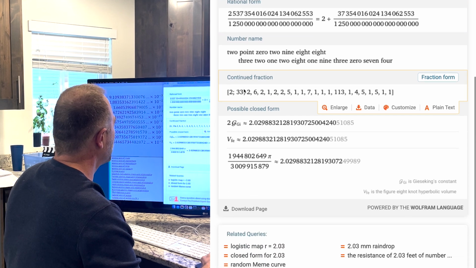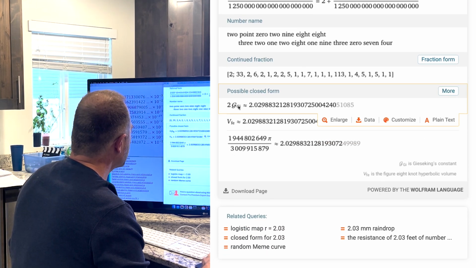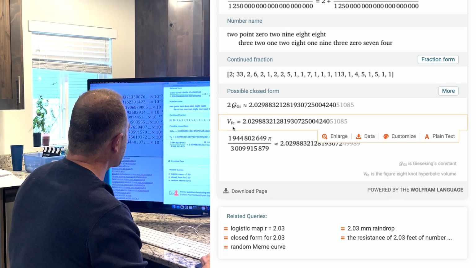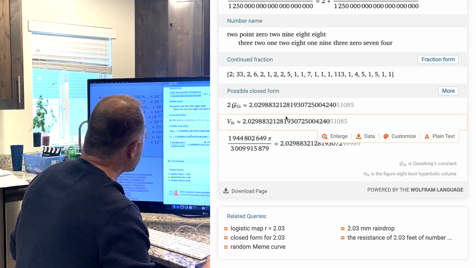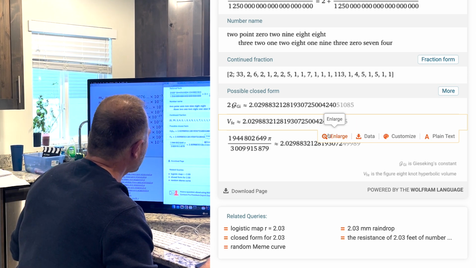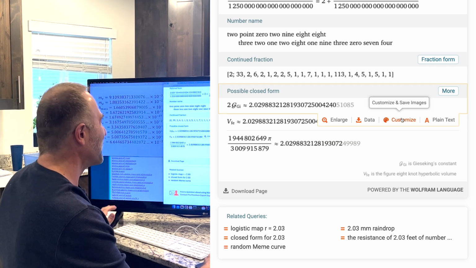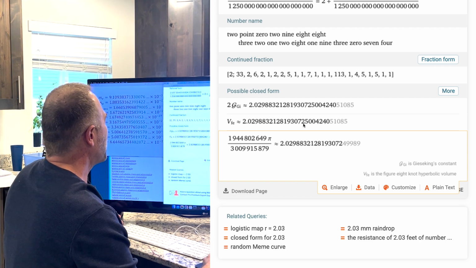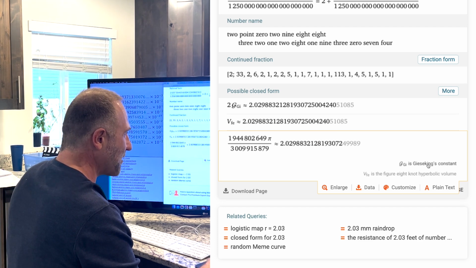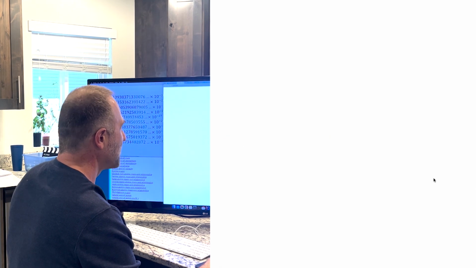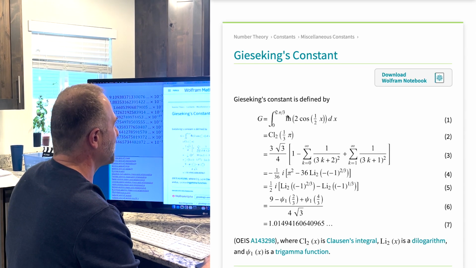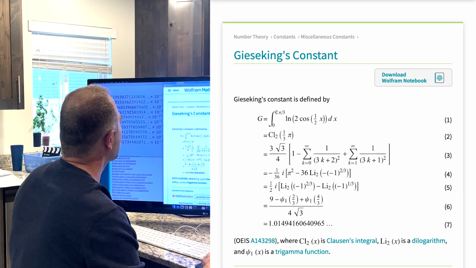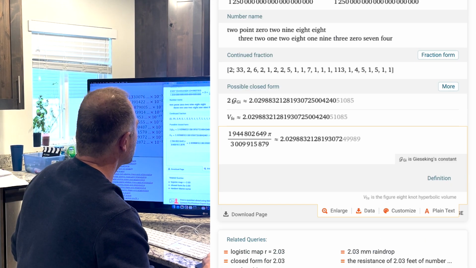Well, it's equal to either 2 times the Catalan constant or the hyperbolic figure-8 knot volume, which appear to be exactly the same numbers out where it's highlighted and even further. Yes, okay. So, great. If you don't know what those things are, you can click on them, right? And it takes you to a page that defines very interesting properties, and we will be getting back to that soon.